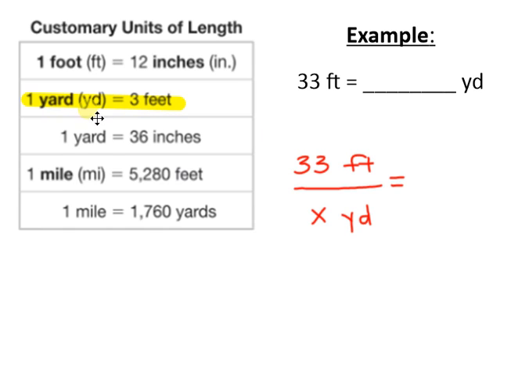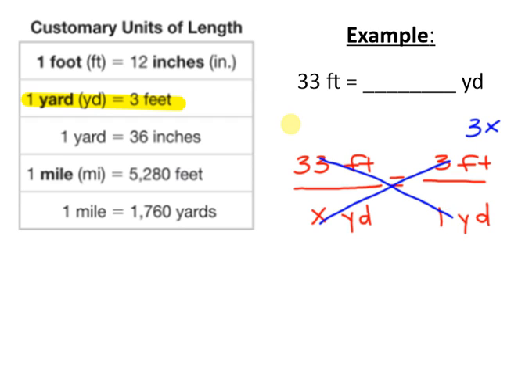It says 1 yard equals 3 feet. On the other side of our proportion, we're going to put 1 yard, and yards goes on the bottom, because here we have it on the bottom, and then we're going to put 3 feet on the top, because we had feet on the top over here. Now all we're going to do is solve. x times 3 is 3x, and 1 times 33 is 33.